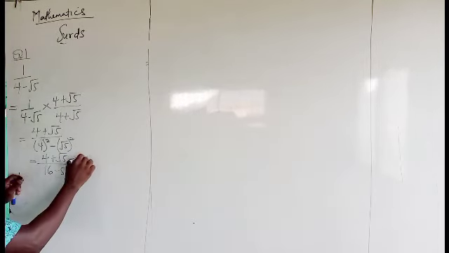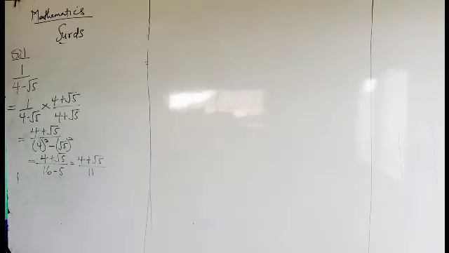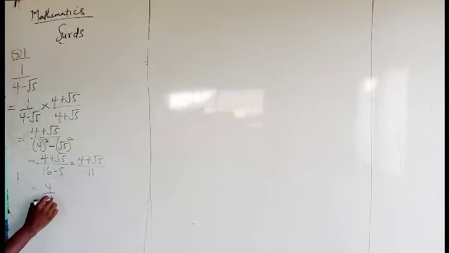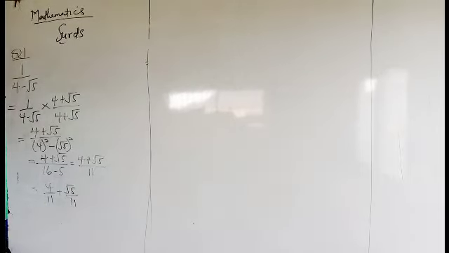This will be 4 plus root 5 all over what? 11. So we can split it as 4 over 11 plus root 5 over 11.